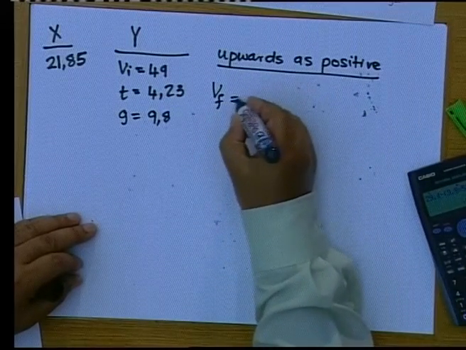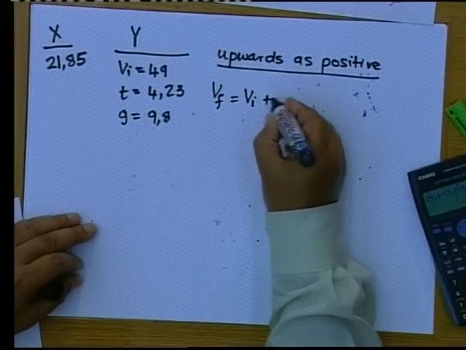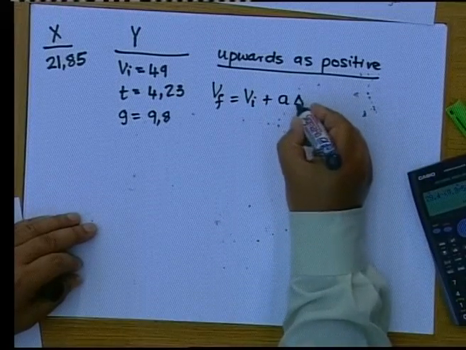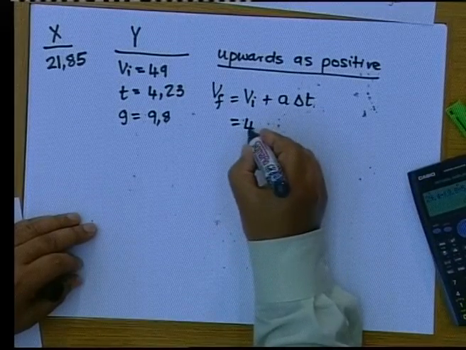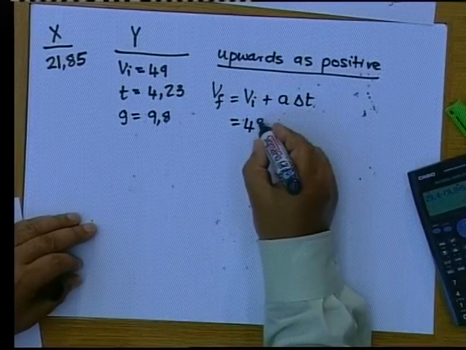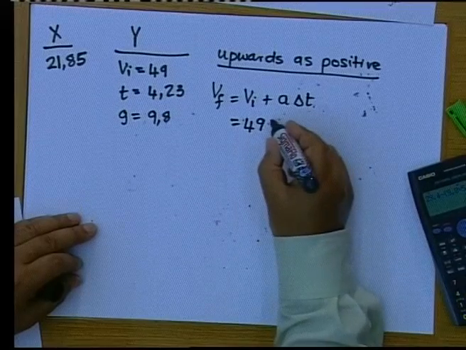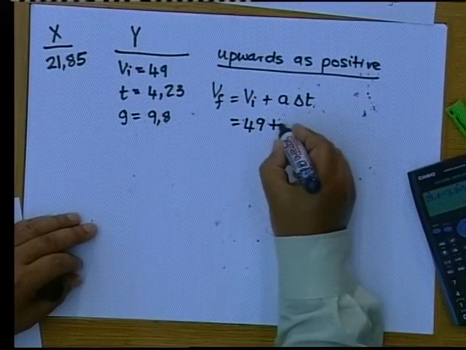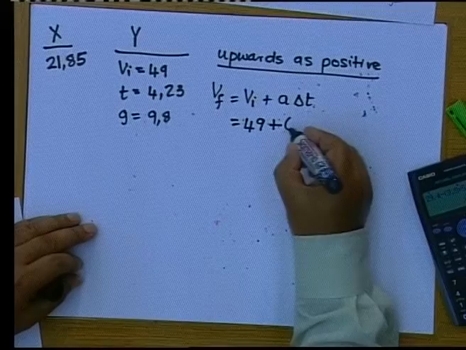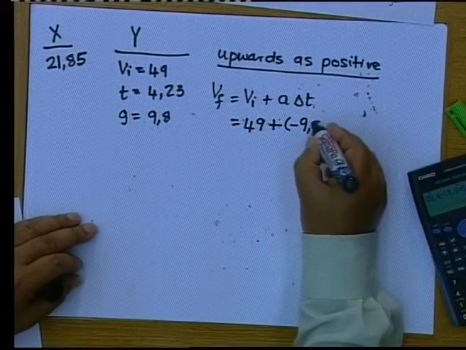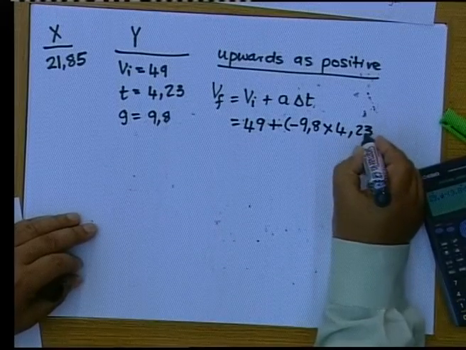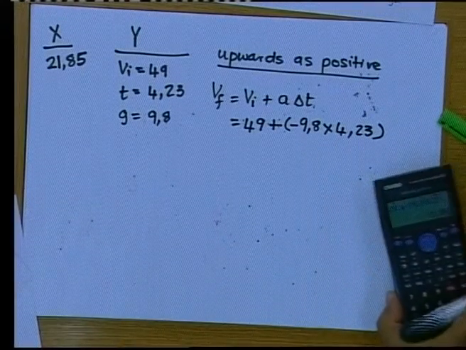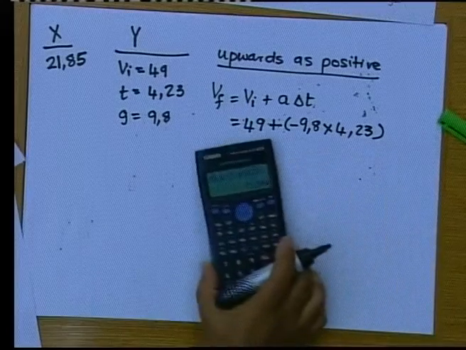That one is the initial velocity plus a and the change in time, and therefore I will have 49, right? 49 was its initial velocity, plus g, which again is negative 9,8, and the time this time is 4,23. Use your calculator and let's see how quickly we can get this answer.